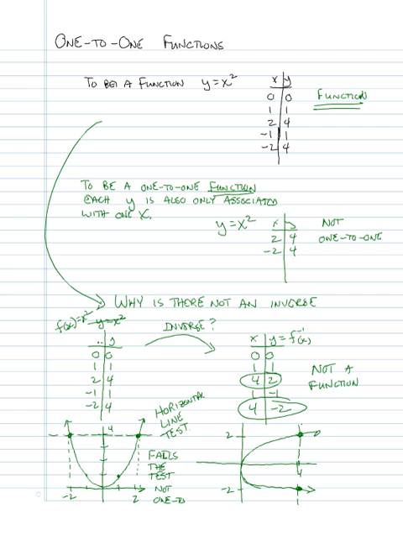Again, this test means there's a y that has more than one x associated with it. So if you have a graph that passes the horizontal line test, that is, any horizontal line crosses the graph at most once, then the graph you're looking at is the graph of a one-to-one function, and it will then have an inverse.